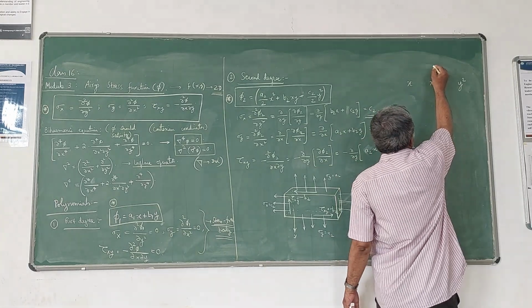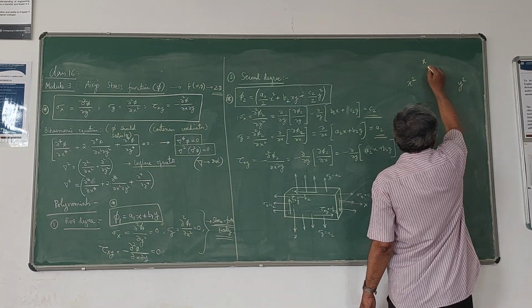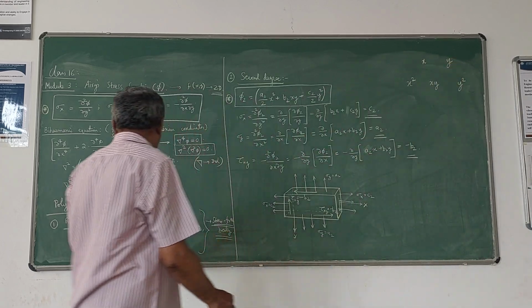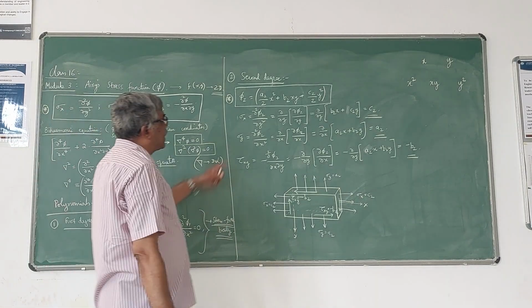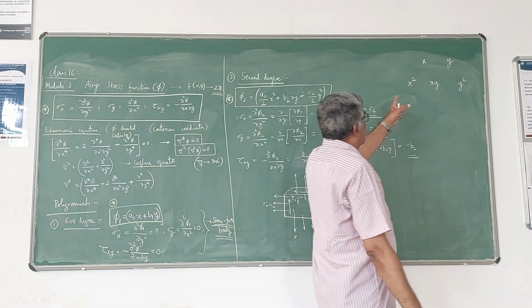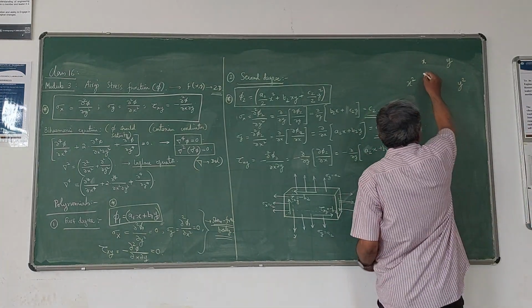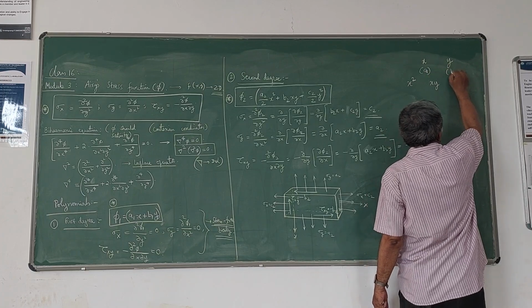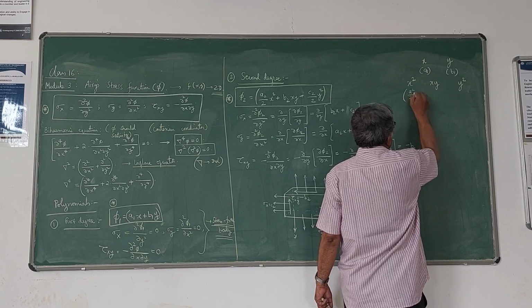It has an x square term, then an xy term, then a y square term. In the first degree you have only x and y, one term each. In the second degree polynomial you have the x square term, xy term and y square term. In the first degree, x is associated with a1 and y is associated with b1. Here x square is associated with a2 by 2.